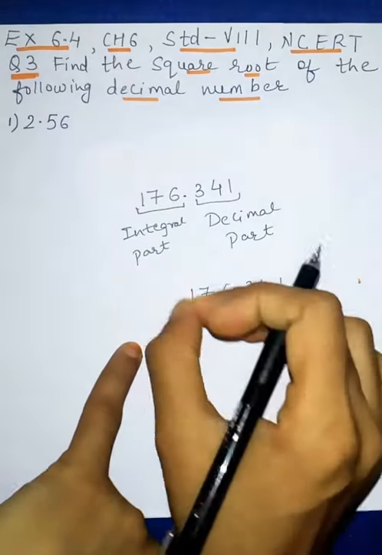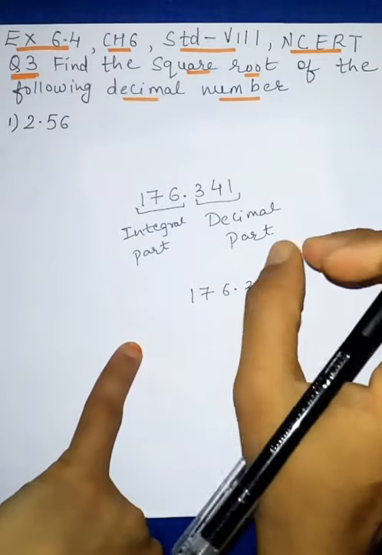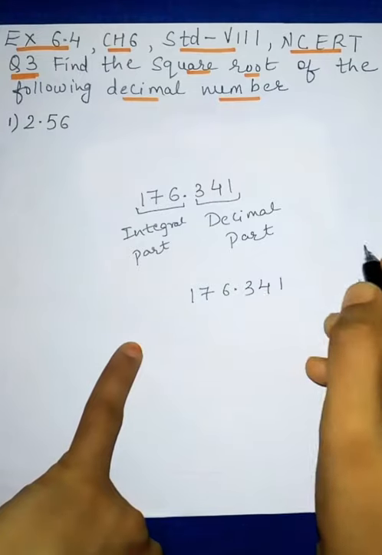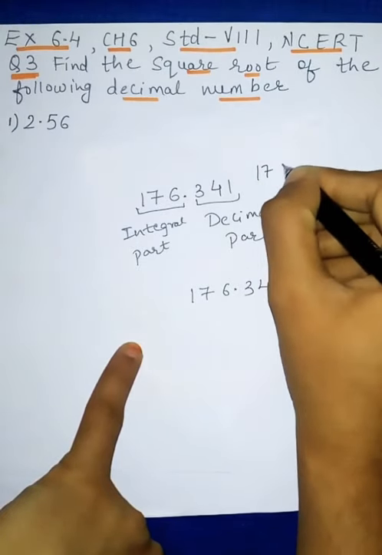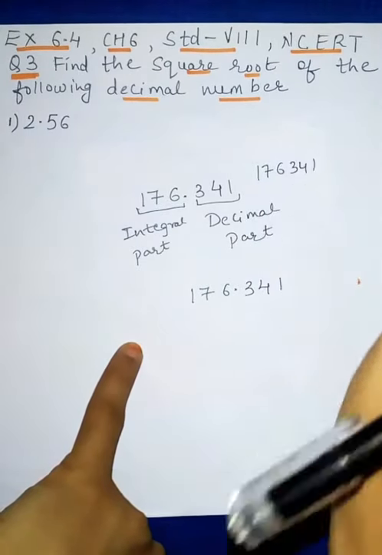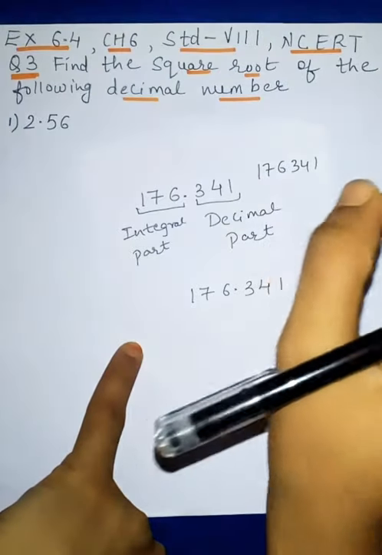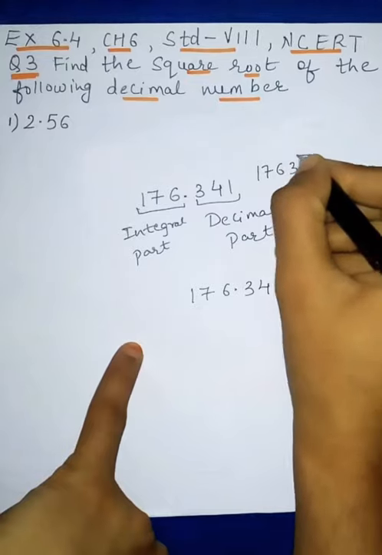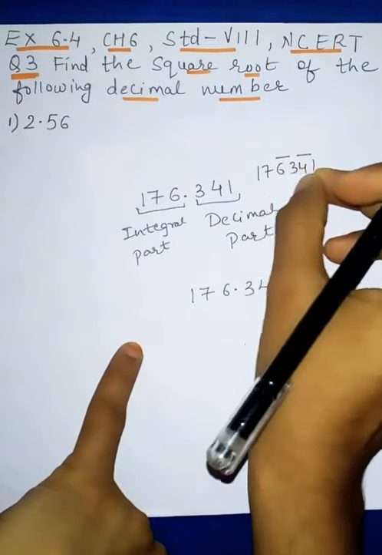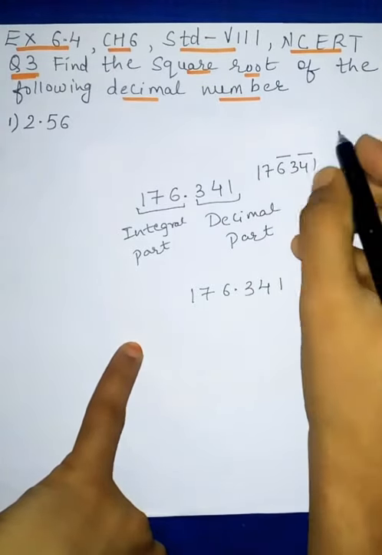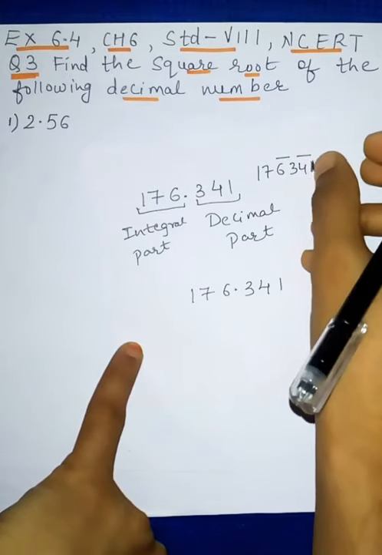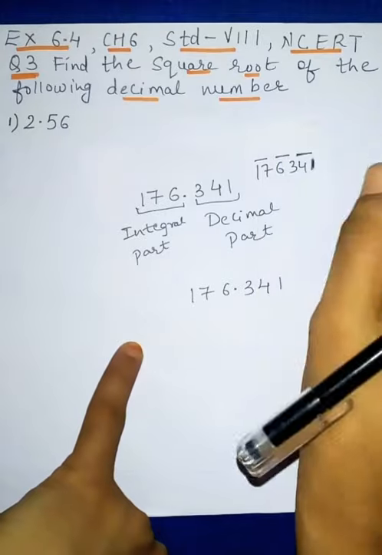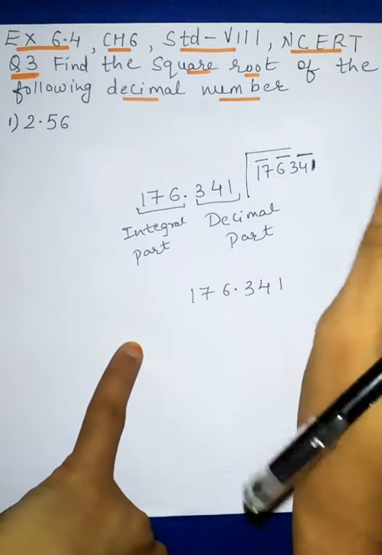Whenever we start division, first of all we put the bar. In the previous question we saw that if there is no point, for example, if I give you only 176341 without a decimal point, you know how to draw the bar: we start from the last digit, the units place, and take two digits as a pair, and this way we draw the bar and then start our division.